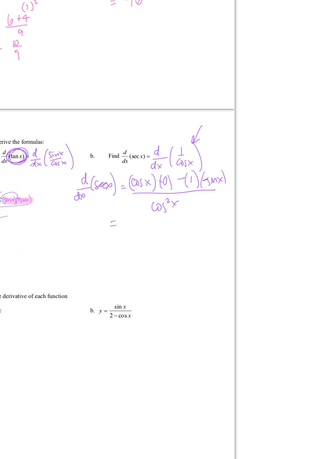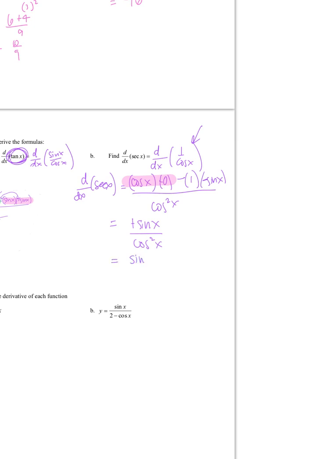So when I go to simplify this, this part right here becomes 0. It just goes away. So that when I multiply what's left, I end up with positive sine x over cosine squared x. Okay, now if you're wondering, well, how does that become tangent secant? Let me rewrite this in an equivalent form.